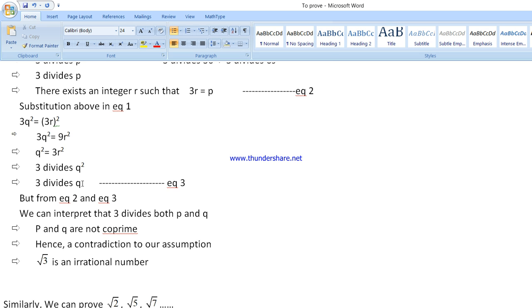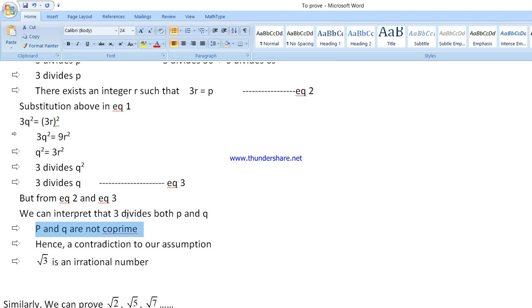So, if p and q are both being divided by 3, this implies that p and q are not co-prime, which is a contradiction. Hence, our assumption is wrong.